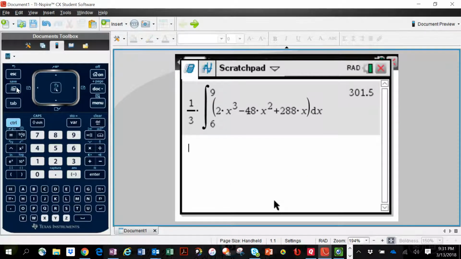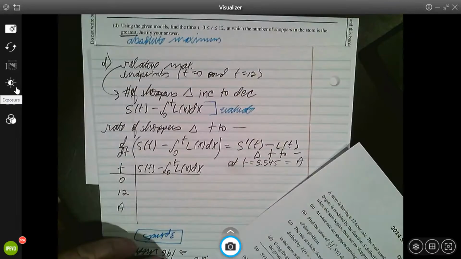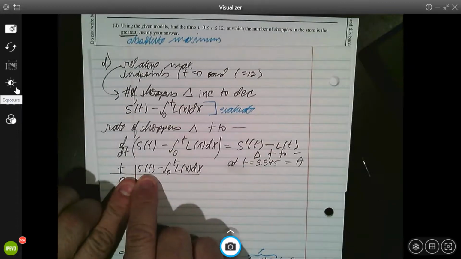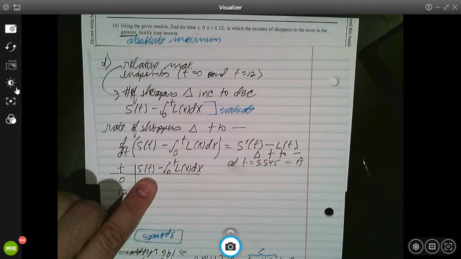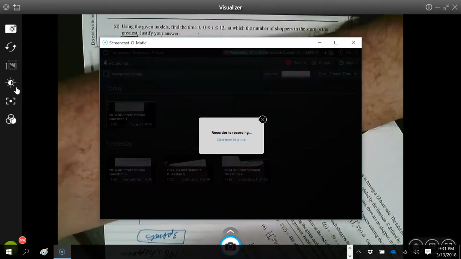And okay, here's where I really need to be careful. Let's go back. I've got two different functions here. We've got s of t, and then we've got L of x. I'm going to type in both of these functions into the graphing calculator, and I want to do this really carefully.